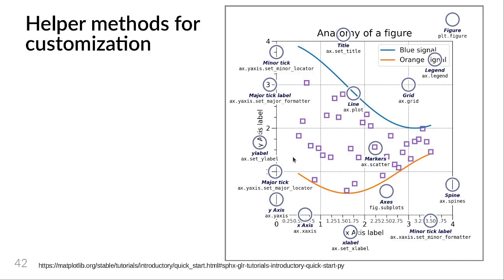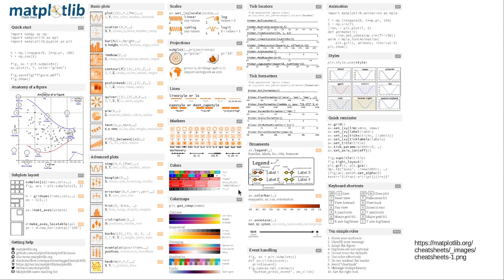There are also helper methods for customizing charts, so you've already seen this figure briefly, but now all these other things are for further customizing the specific chart type you've chosen. Remember, this is the explicit way of coding, where you're interacting directly with the axes artist objects. So this ax is a variable that's an instance of the axes artist.